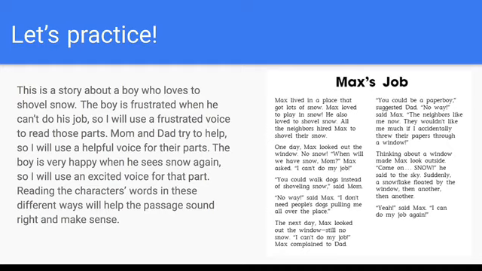Thinking about a window made Max look outside. Come on, snow, he said to the sky. Suddenly, a snowflake floated by the window. Then another. Yeah, said Max. I can do my job again.